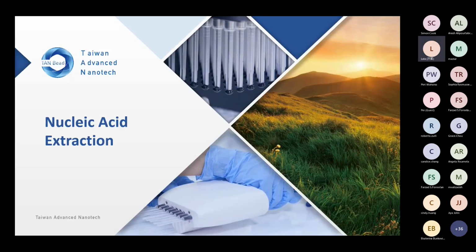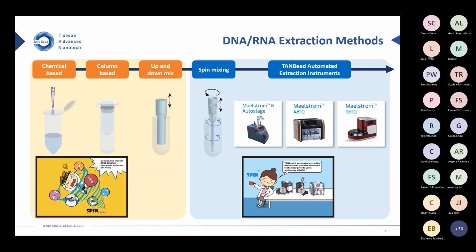Okay, so we'll be starting with the first part, the nucleic acid extraction. Before moving on to any DNA analysis, it is crucial that we have DNA of high quality so that we will minimize any problems that might occur in the downstream processing. Generally, the extraction methods are divided into manual preparations and automatic preparations.